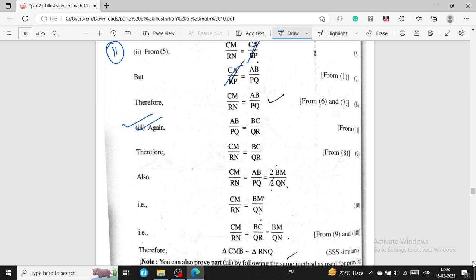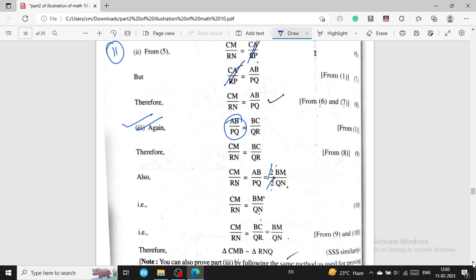This is given. We write it because we have to show BC over QR is equal to AB over PQ. We can write AB over PQ's value in place of BC over QR. That will be equal to double of BM and double of QN. 2 cuts with 2. CM over RN is equal to BM over QN.